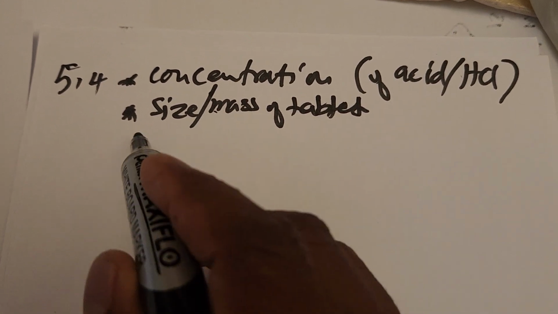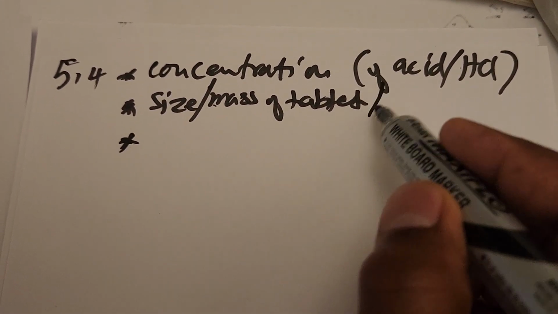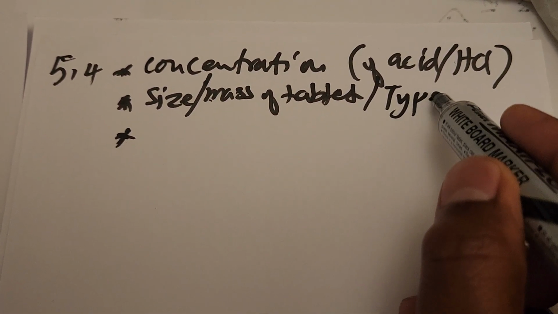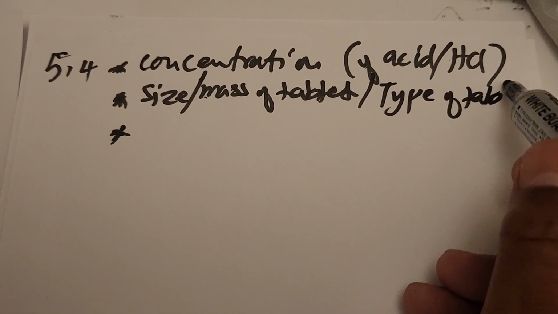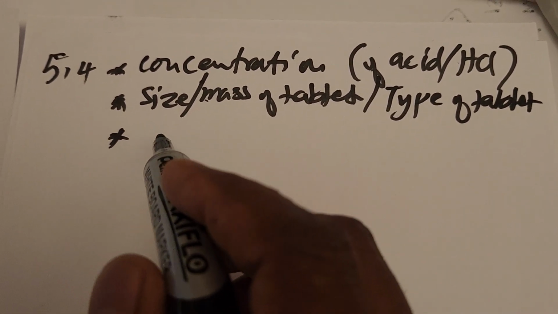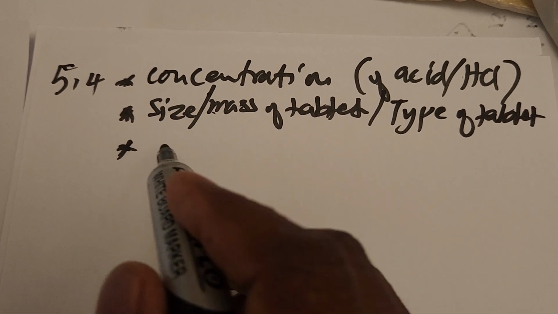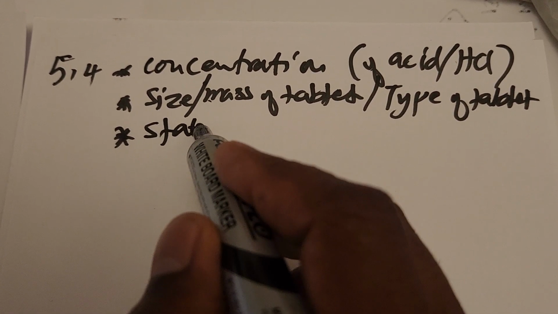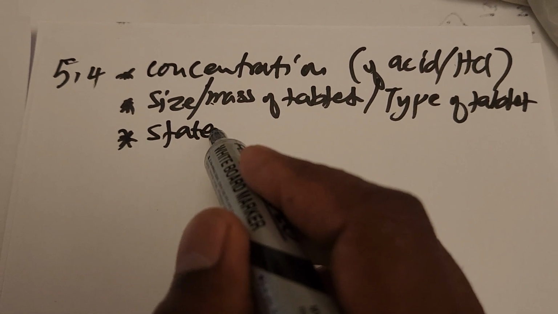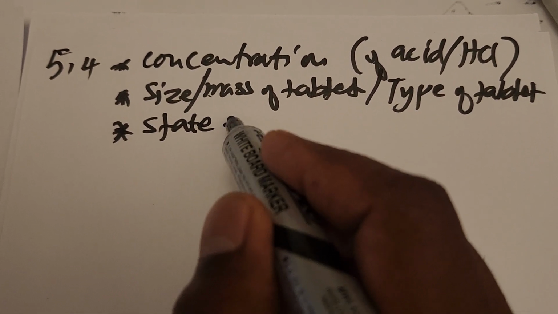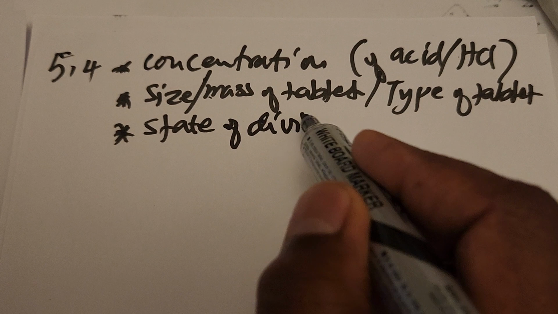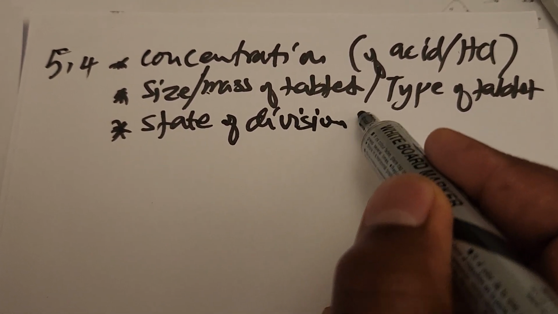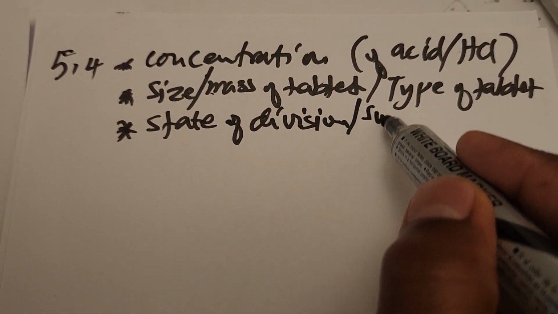The type can be accepted as well, the type of tablet that you are using. And then the other one will be the state of division of that tablet. If you use powder, you must use powder in both cases. State of division for the surface area, in this case surface area.